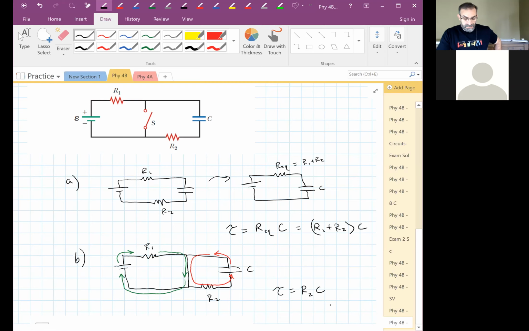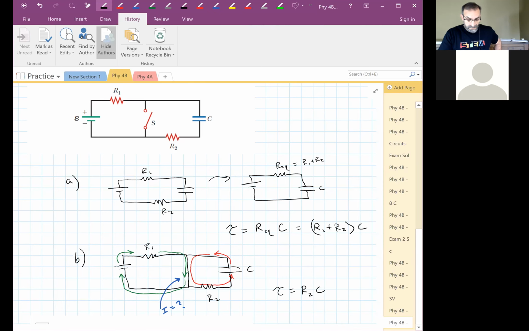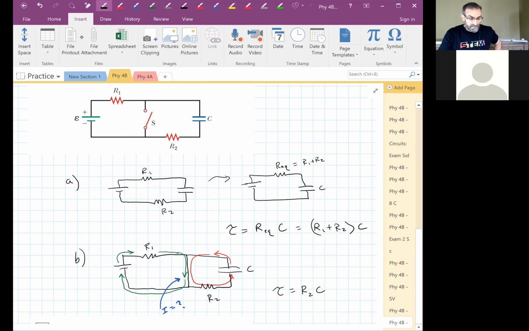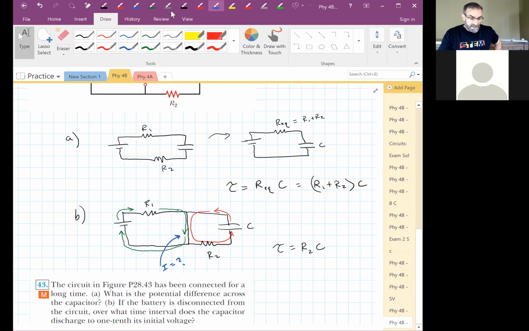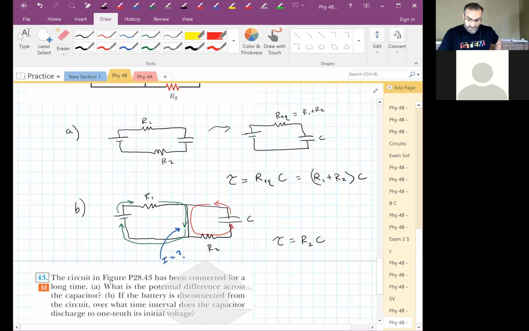Now it's asking for the current through the switch. It wants to know the current in here. What does that mean? That means we have to add up the green current plus the red current.